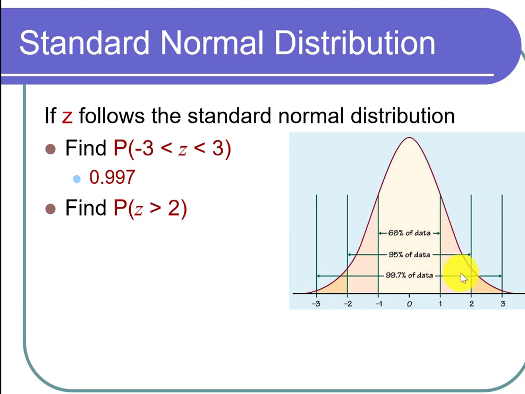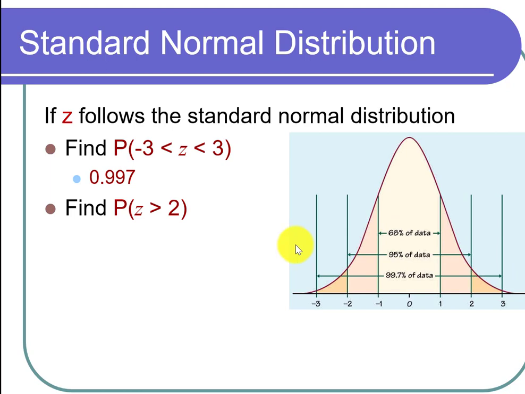We know between -2 and 2 is 0.95. So the complement will be 1 minus that. But we don't want both of these, we only want one. But by symmetry, one of them is half of both of them.